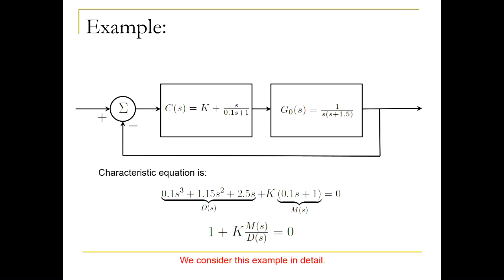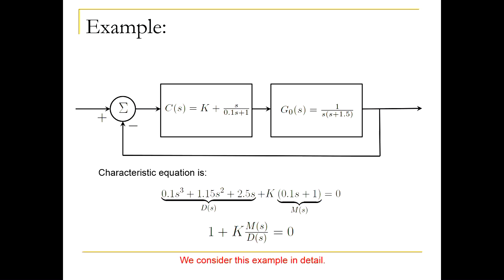I call this d of s, I call this m of s, I divide everything by d of s, and then I can rewrite this polynomial as 1 plus k times m over d equals 0. But now m and d come from controller and plant in a strange way. Using the algebra of block diagrams, we calculate them, but they're not just the plant transfer function or the controller transfer function. So this is the f function, m of s over d of s, the transfer function that we need to deal with for this example.